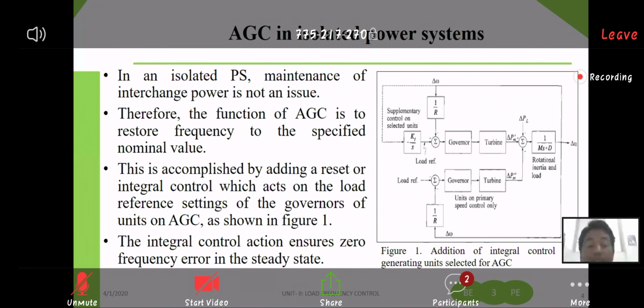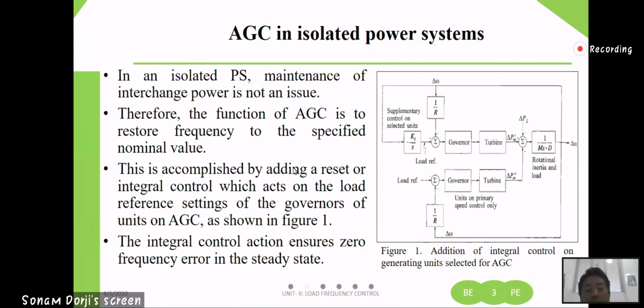In an isolated power system this is accomplished by adding integral control.